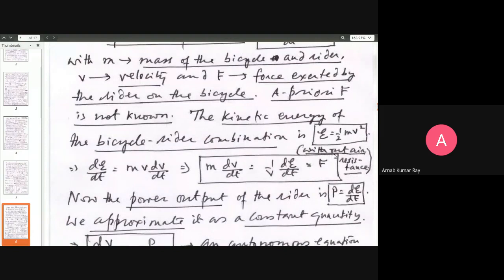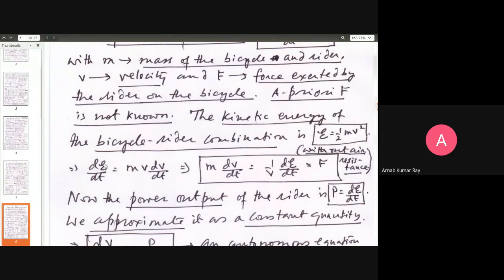Now here, m dv/dt is equal to the force. dE/dt is the power. Kinetic energy is equal to the work done.